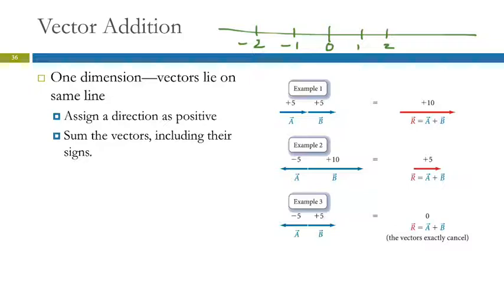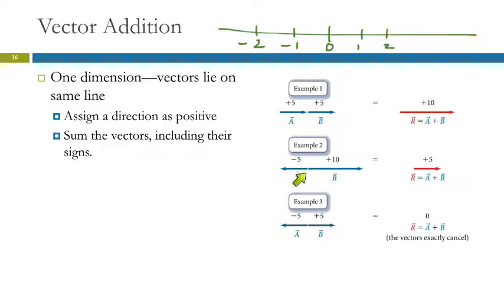If we have vectors going in opposite directions, so this one's going 5 to the left, negative, and this one's going 10 to the right, positive, that's adding a positive and a negative number, and that'll give us +5. So starting here at 0, going -5, and then +10, we get a +5.